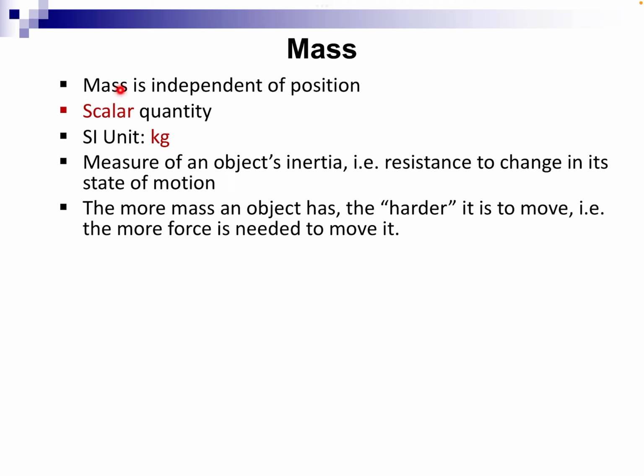So regardless of where the object is located, whether it's on the Earth or on the surface of the Moon, if there are, say, 1,000 atoms making up this object, it will always be 1,000 atoms on Earth as well as on the Moon. So mass is independent of position. Mass is also a scalar quantity, which we measure in kilograms.